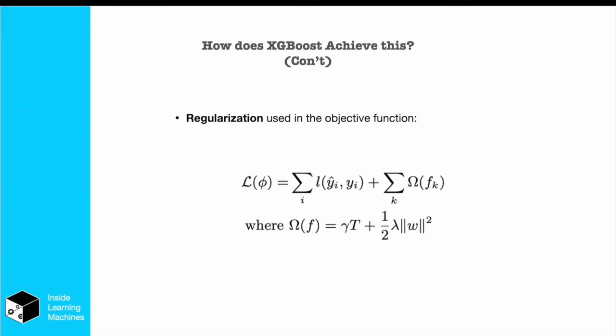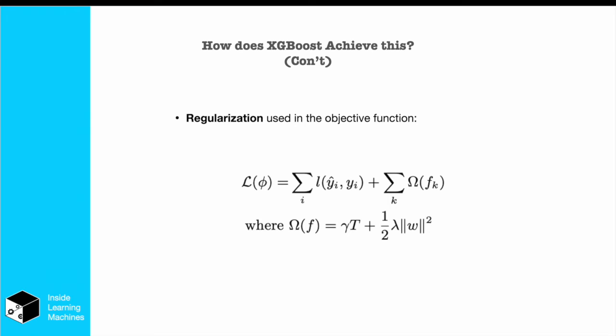The first term is just our regular loss function, and that increments over i, where i is the number of samples in our training data. And then the second term with the summation over k, k is the number of elements in our ensemble. So it's the number of decision stumps, the number of constituent models in the boosting ensemble.